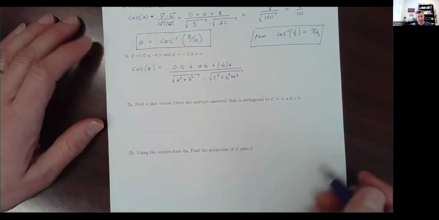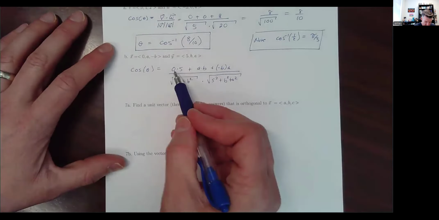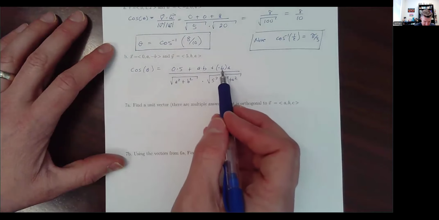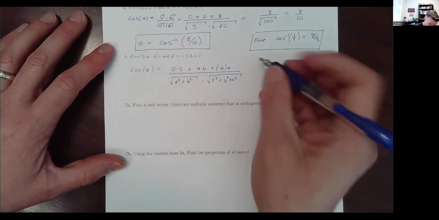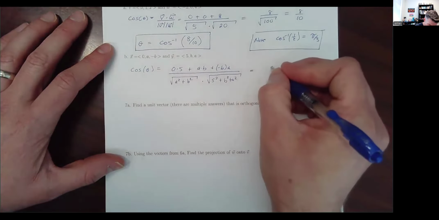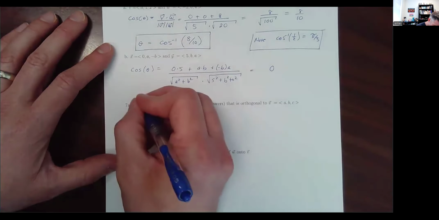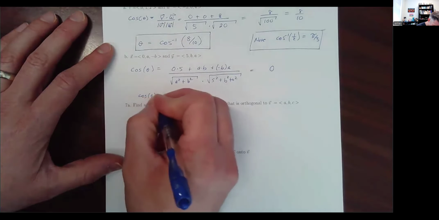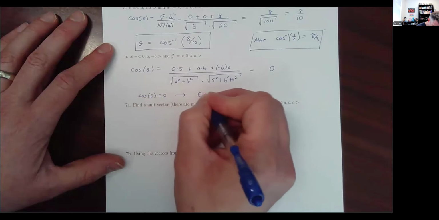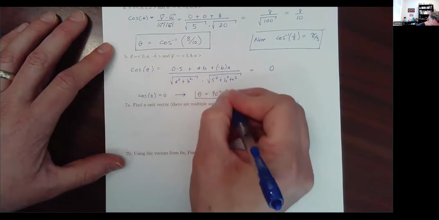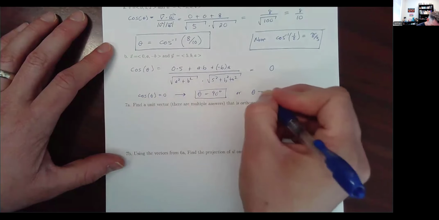But I should have just paid attention to the top, because 0 times 5 is 0, and a times b and -b times a, ab minus ab, is 0. So you get cosine of theta equals 0. And if cosine of theta is equal to 0, we know that theta is 90 degrees, or if you prefer radians, pi over 2 radians.